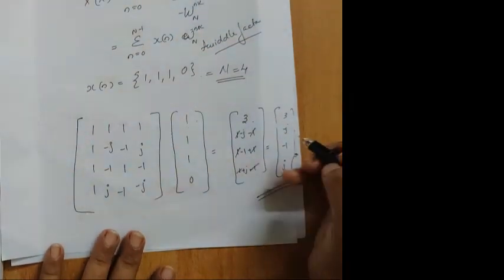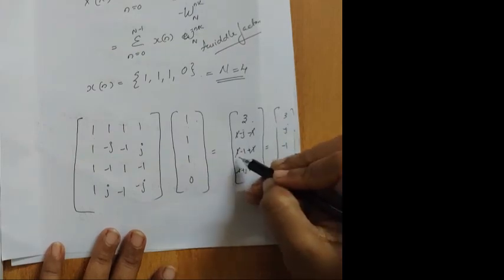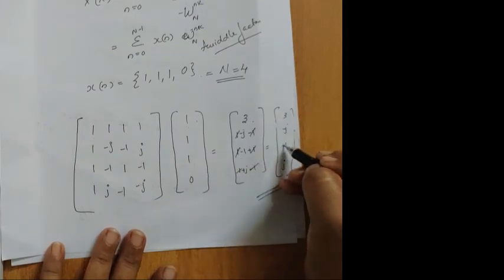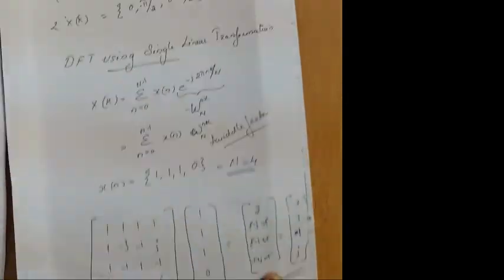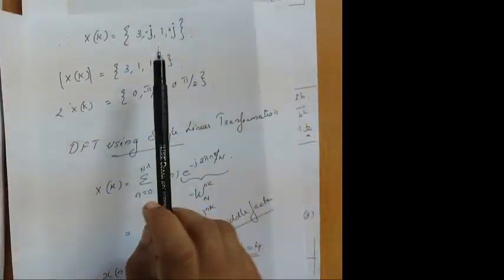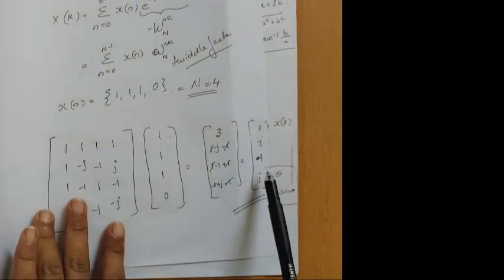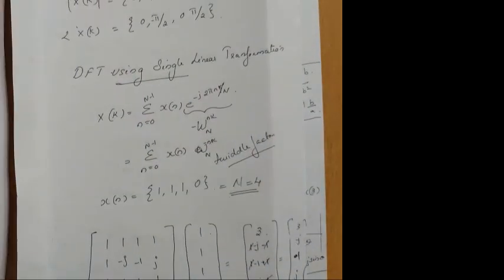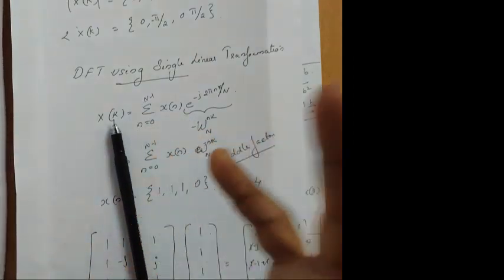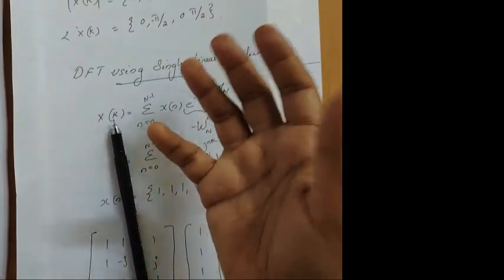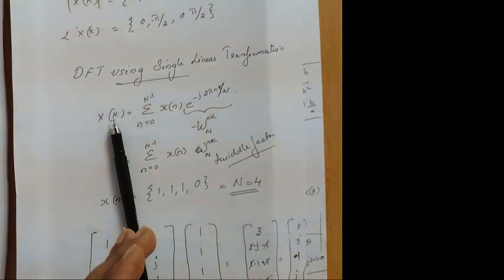Sorry, this is not minus 1, we will get 2 minus 1, 1. So now you will be getting the same answer over here, 3, minus j, 1, plus j. So in both ways you can do it, either you can go for the DFT equation or you can do this using a linear transformation.